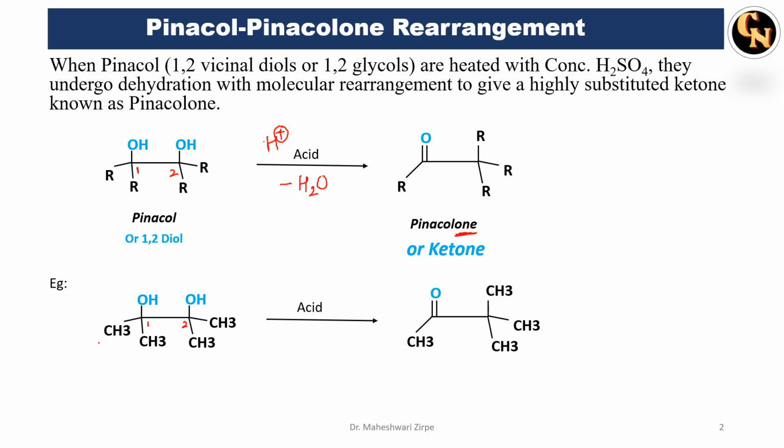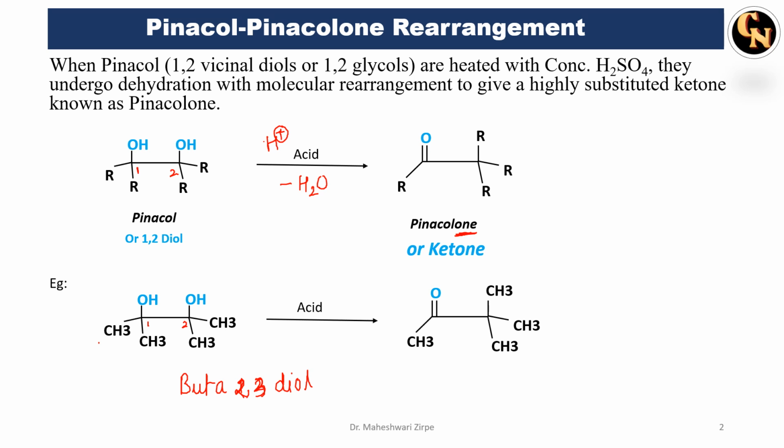The longest chain is 4 carbons, so it is butane. The parent group is buta. If you are writing in terms of butane, then it is 2,3 diol, butane-2,3-diol.